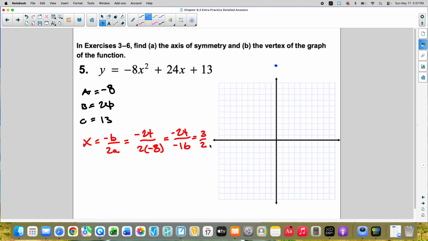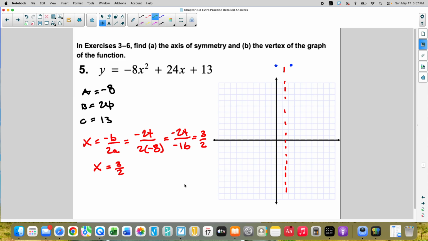Yep, positive. So x equals positive 3 halves this time. So there's my y-intercept. I'll go 1.5 over to get that one.